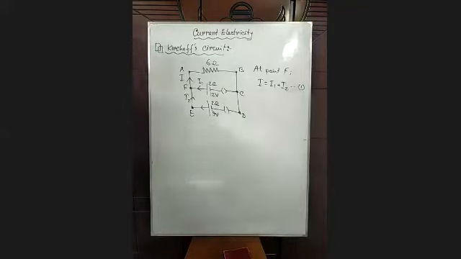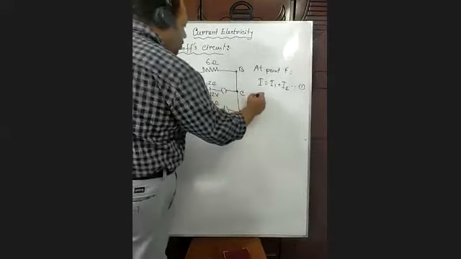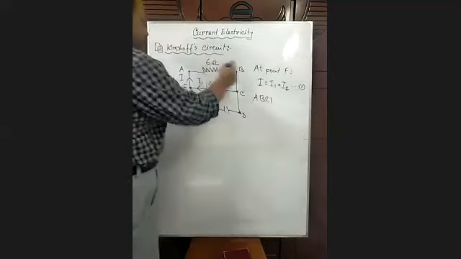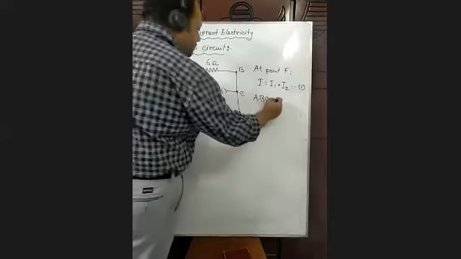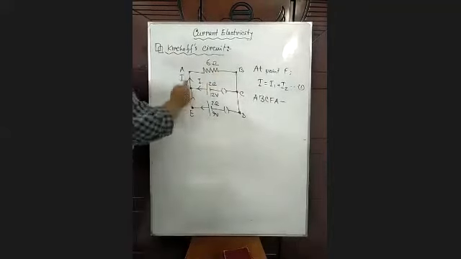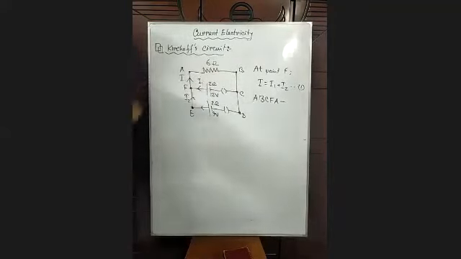So according to Kirchhoff's second law, we can go around some loop or enclosed circuit. Suppose I am going around A, B, C, F, A, this circuit.